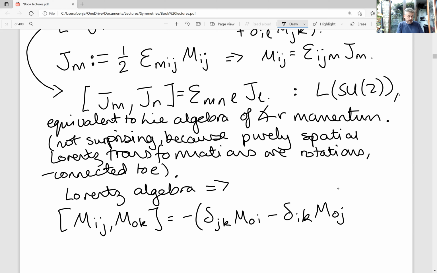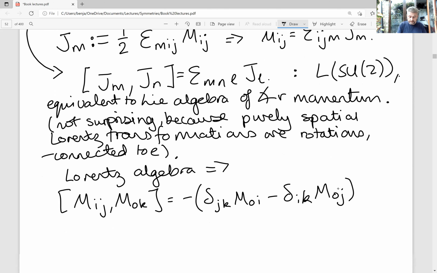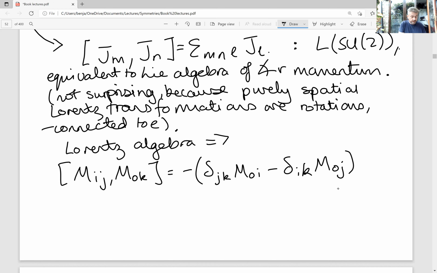Two of the terms go away because we get the Minkowski metric with the 0th component, which is of course 0. And if I allow myself two of the indices to be time-like, then we get the other bracket, which is this one.